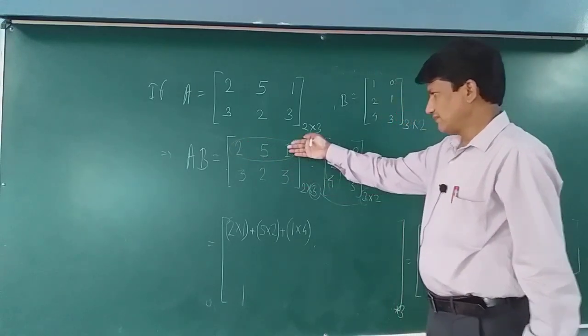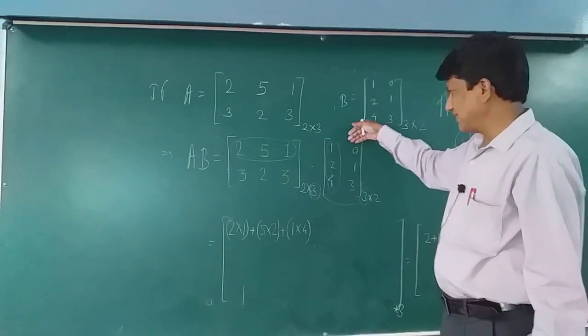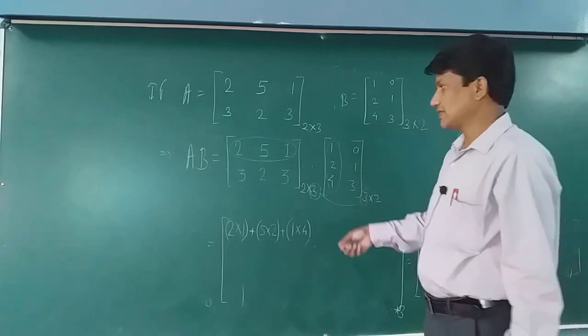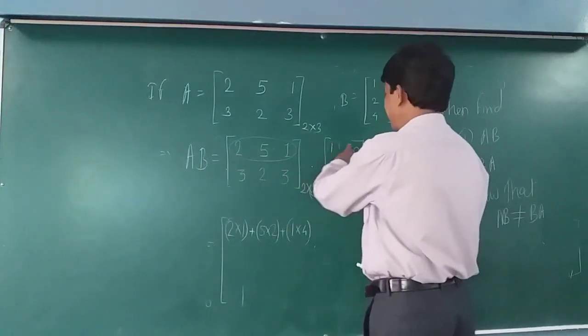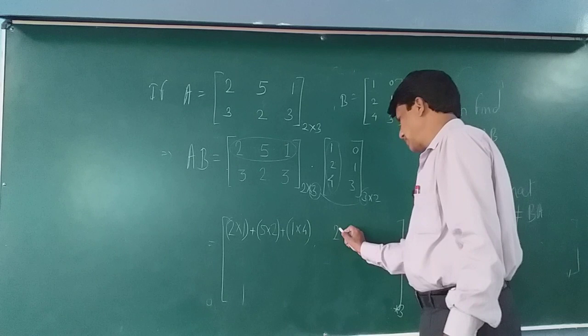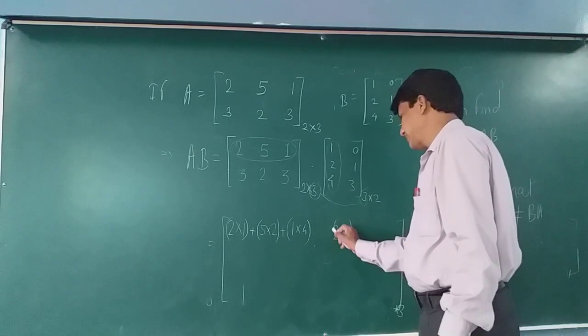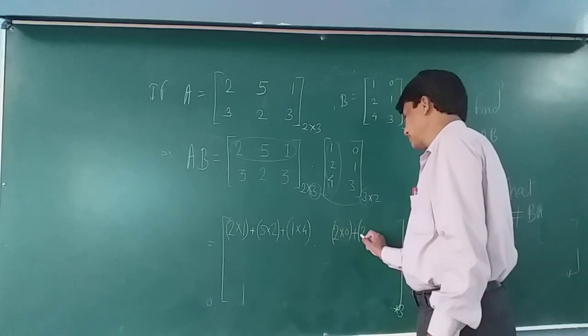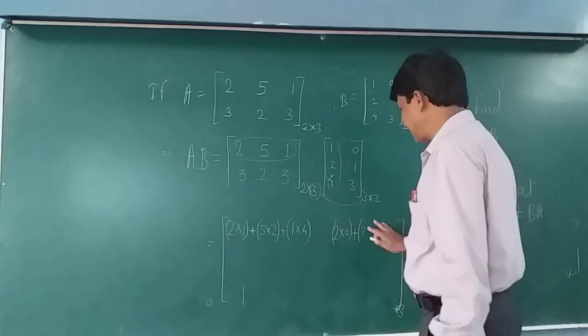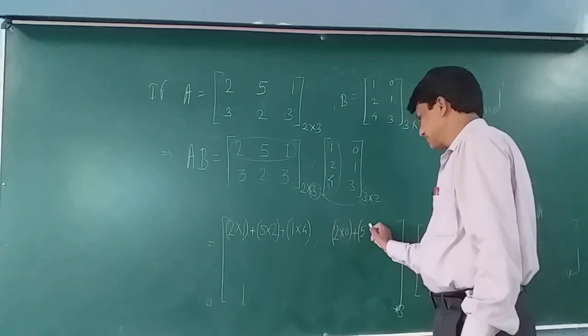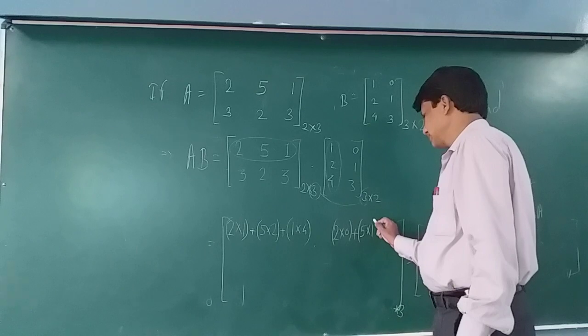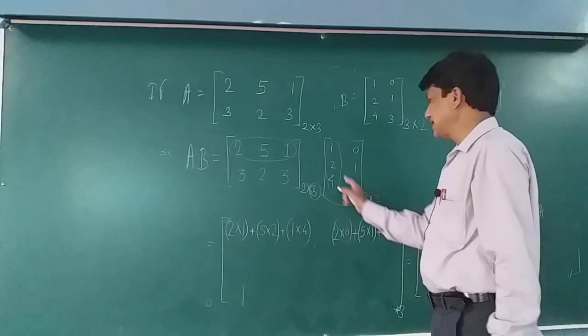In a similar way, the first row multiplied with the second column. So try to write. 2 multiply by 0. Plus, here the second number 5 multiply by 1. Plus 1 multiply by 3.